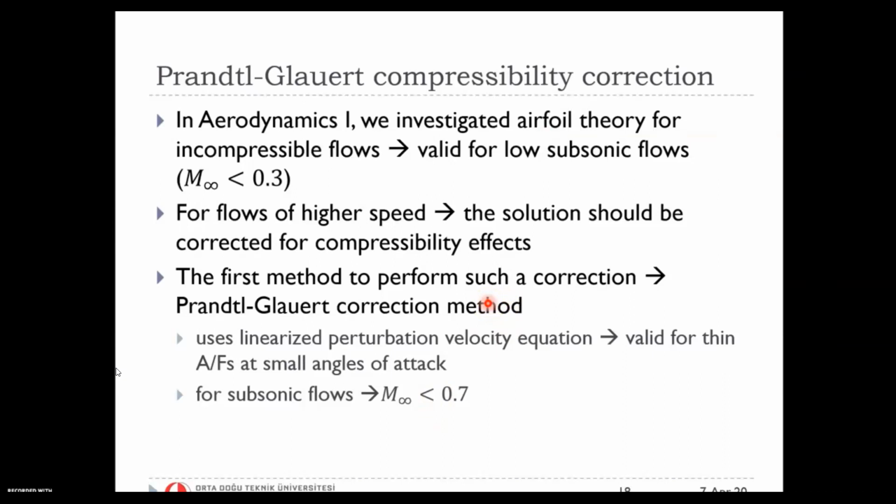And also, this correction method works only up to Mach number 0.7, and for greater values of Mach number, it deviates from the experimental data. So it's only valid for subsonic flows, and particularly smaller than 0.7 Mach number.